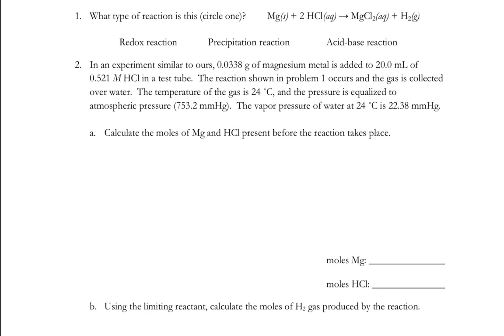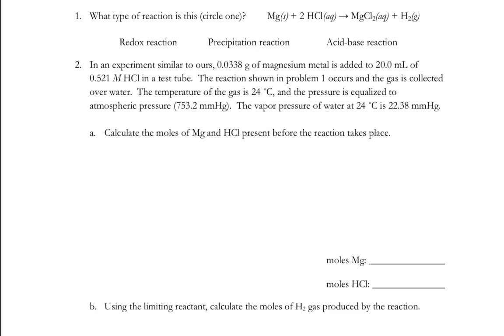And the gas is collected over water. The temperature of the gas is 24 degrees Celsius, which is also the temperature of the water. And the pressure is equalized to atmospheric pressure, which is 753.2 millimeters of mercury. So in the appendix, at 24 degrees Celsius, we would find that the vapor pressure of water is 22.38 millimeters of mercury.